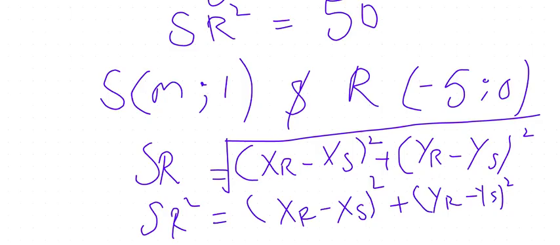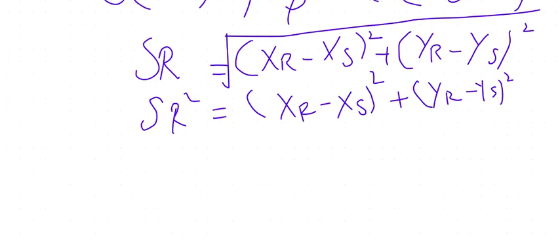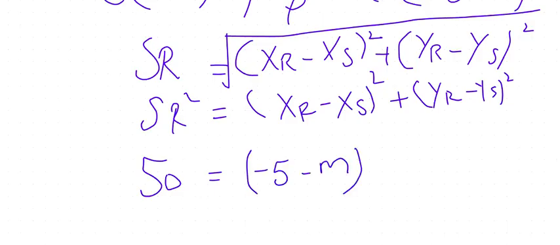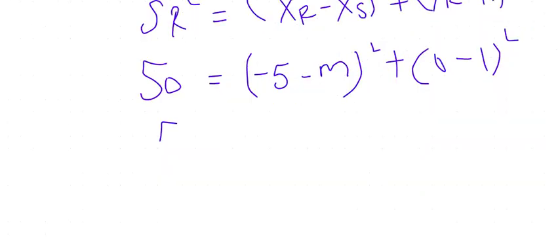So I'm just putting the values. We have SR square is 50, and we have XR is minus 5 minus M whole square plus 0 minus 1 whole square. I'm going to simplify the equation. So 50 equals (minus 5 minus M) whole square plus 1.